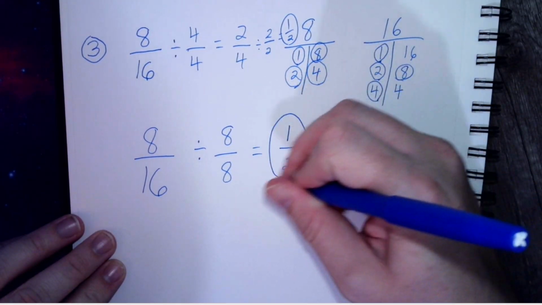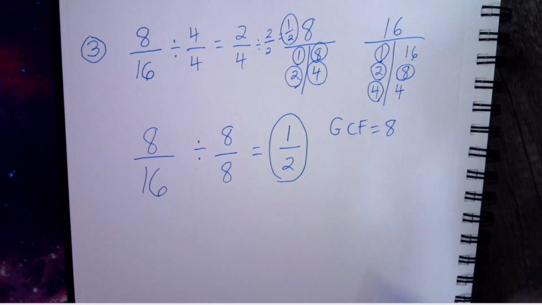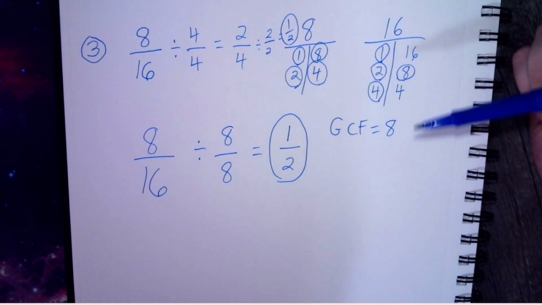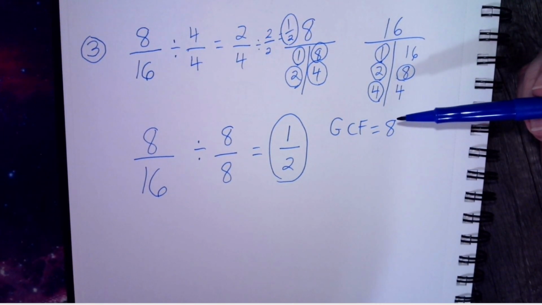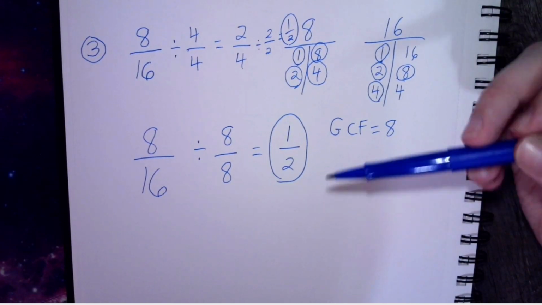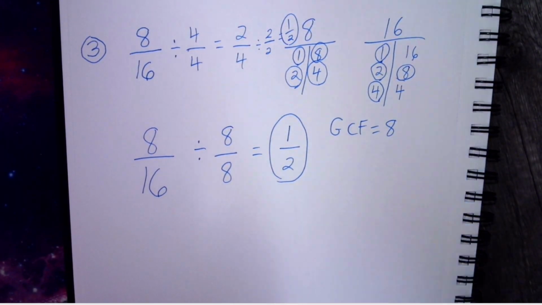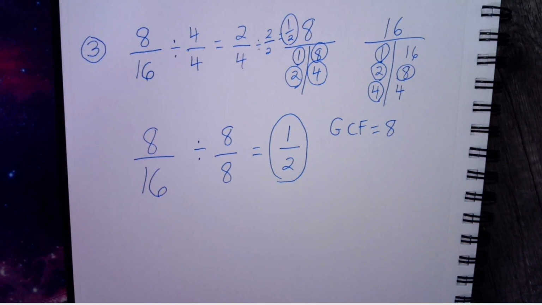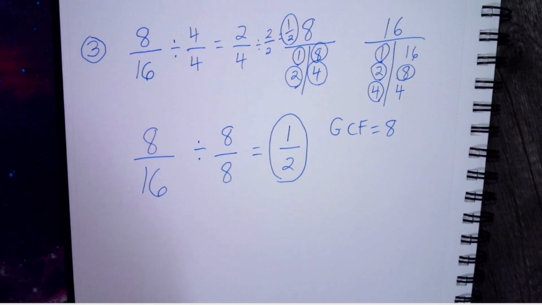So I still got the answer of 1/2 each time. However, if I divide by the GCF, I only have to divide once. Okay, so again, this is putting fractions in simplest terms, or we can also just call it simplifying fractions. We must find the greatest common factor of the numerator and the denominator, and then divide them both by that greatest common factor.